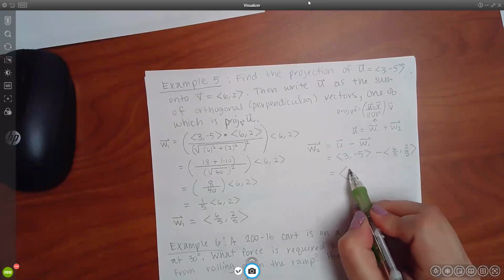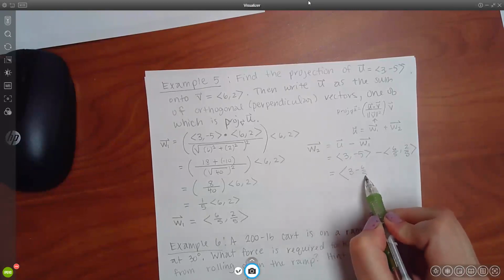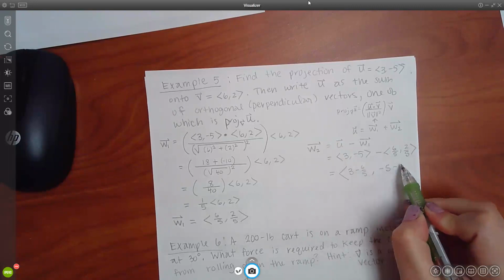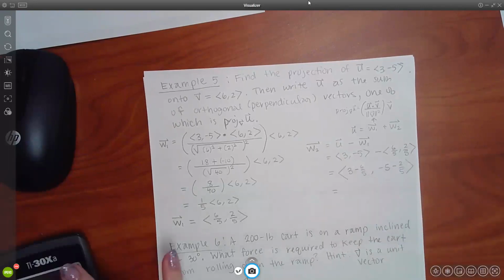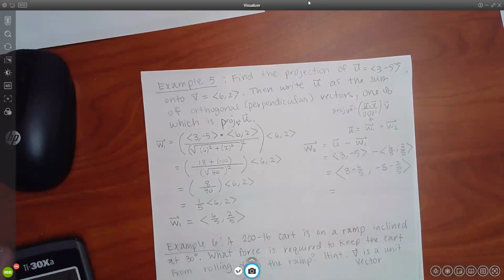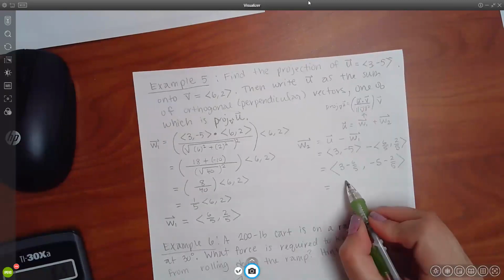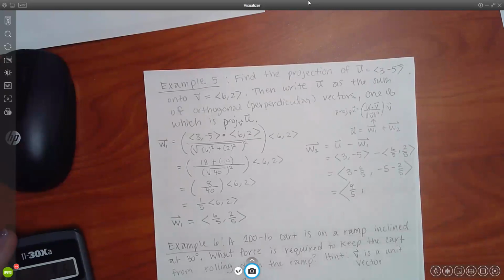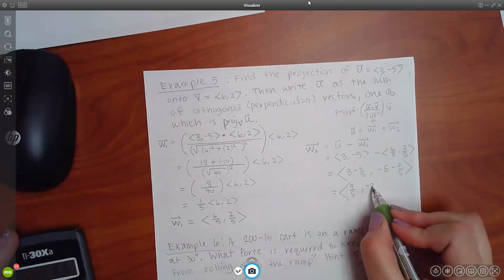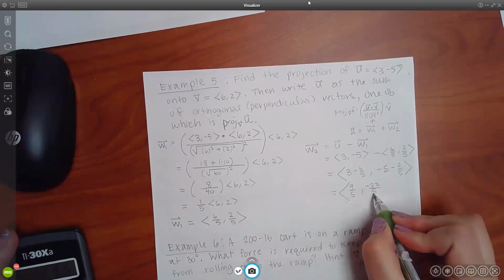So I'm going to be doing 3 minus 6/5 and then -5 minus 2/5. 3 minus 6/5, and I get 9/5. And then here I get -27/5.